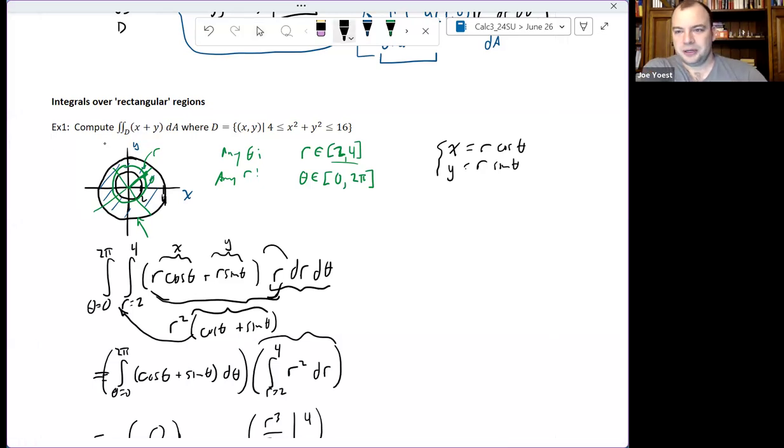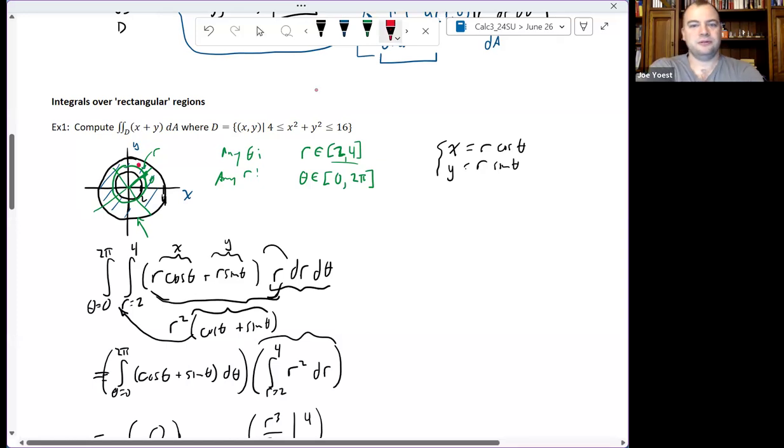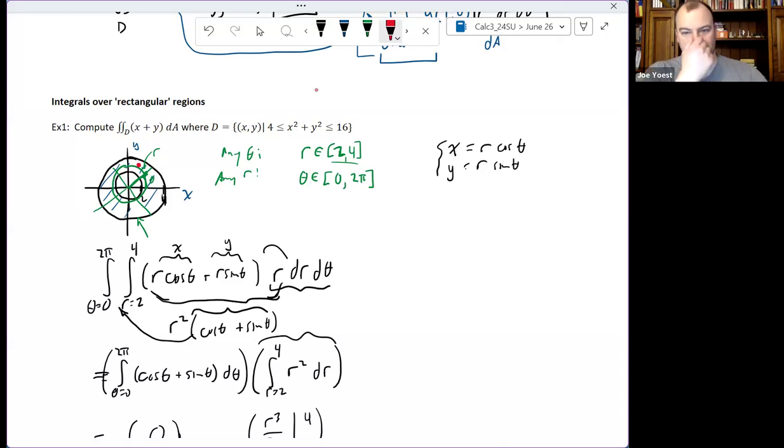Well, if I pick, say, a point in the first quadrant up here, this has some positive x and some positive y. But there's a corresponding point in the third quadrant that has exactly the negative of that, right? Where the x changes to negative x, the y changes to negative y. That has exactly the opposite contribution, that little contribution to volume, which is really a signed volume, is exactly the opposite.